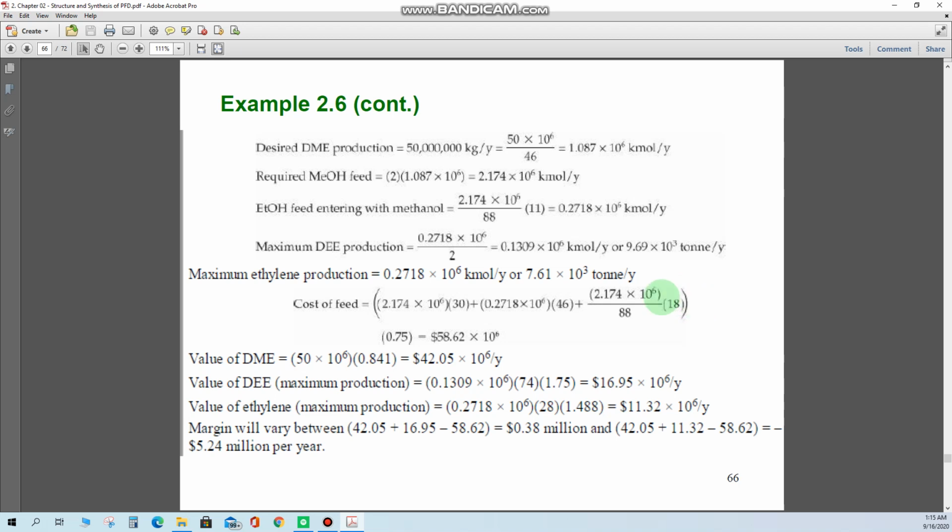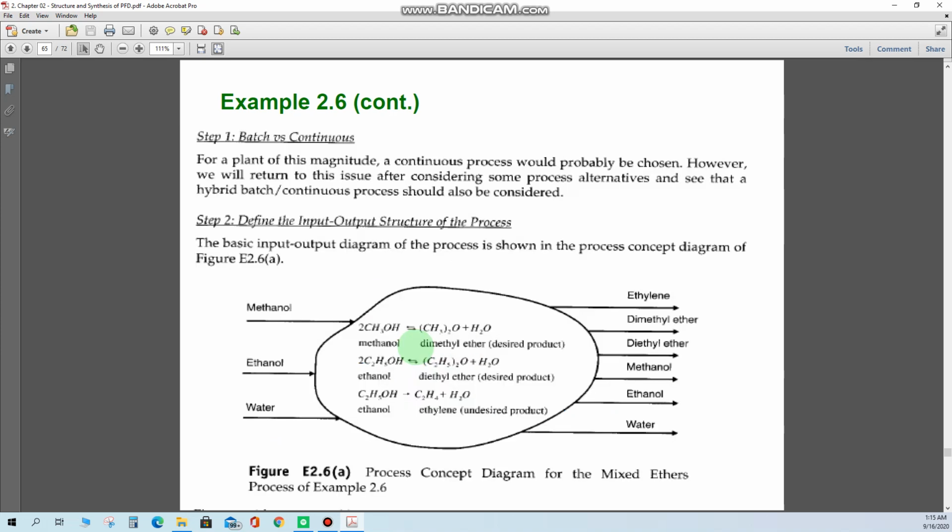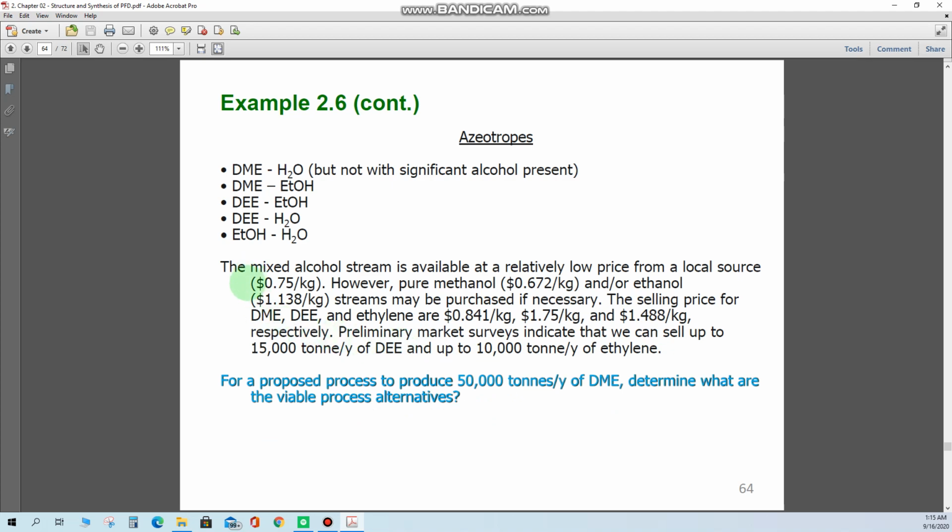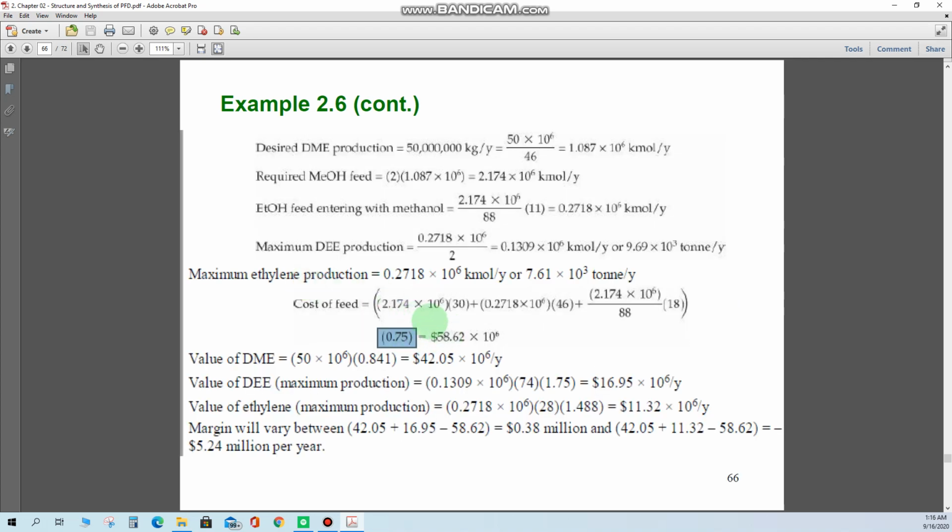Then we can multiply this equation with 0.75, which is the value for the cost of the mixed alcohols, and that comes out to be the total value for the cost of the feed. It will be 58.62 into 10 raised to the power 6 dollars. Now this is the part up to the feed, and now we have to calculate the value for the products.